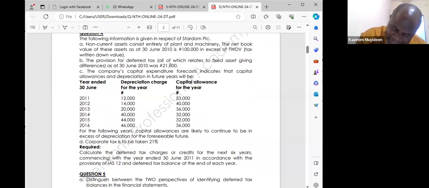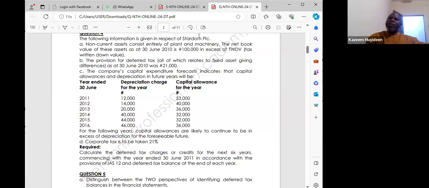Now, my brothers and sisters, there is a point here. They will not give you the tax rate. We are going to infer the tax rate. We deduce it from common sense, which is very easy. For example, if I don't put this corporate tax of 21%, you can get the tax rate used.